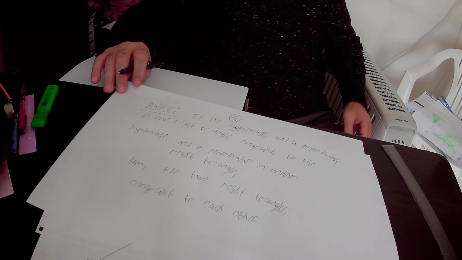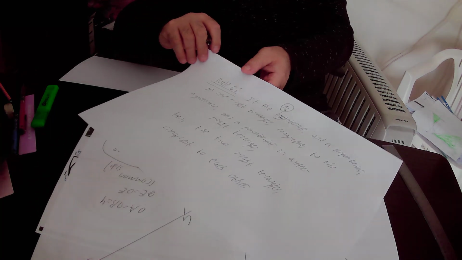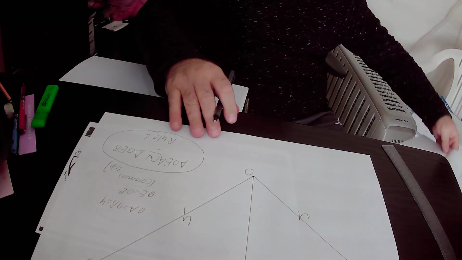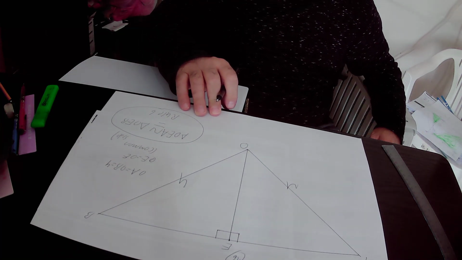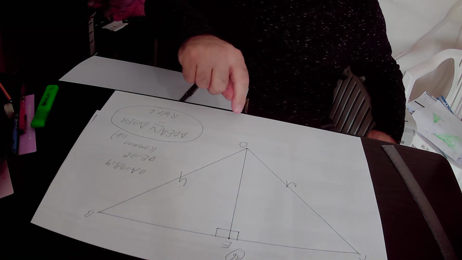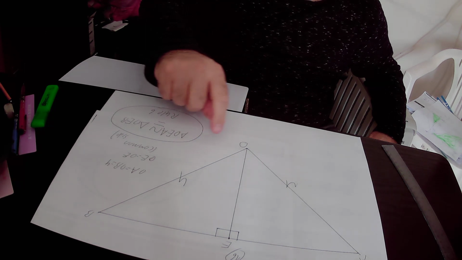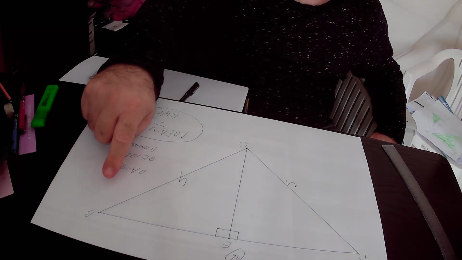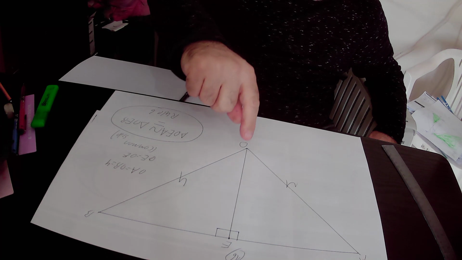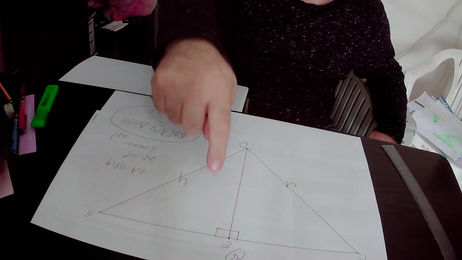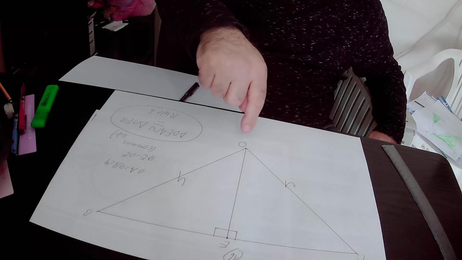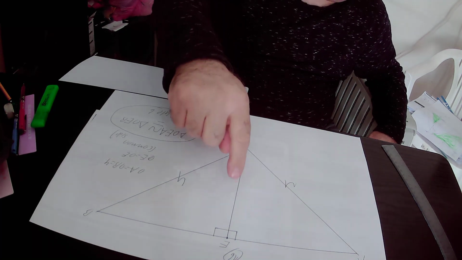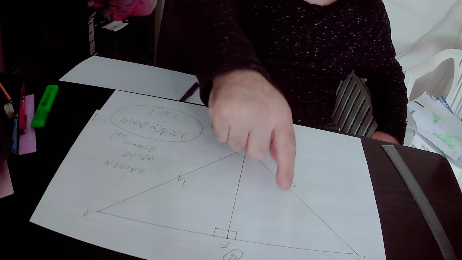And here we actually proved that those two triangles are congruent to each other according to rule number 6. Why? Because we proved that the hypotenuse OB and the perpendicular OE in the right triangle OEB is congruent to the hypotenuse OA and the perpendicular OE in the right triangle OEA.